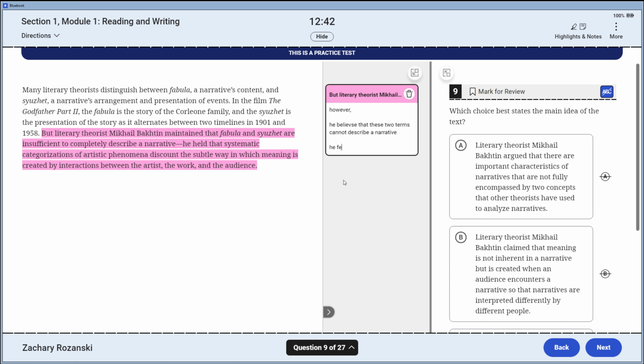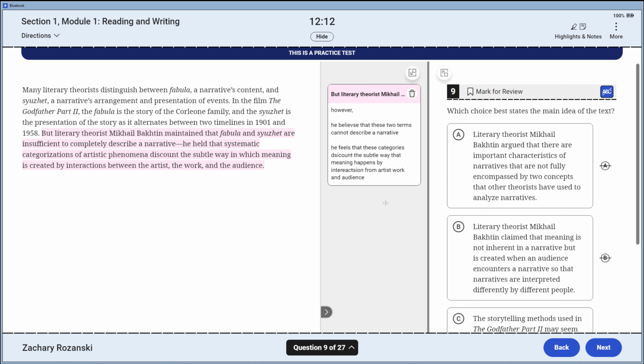He feels that systematic categorizations of artistic phenomena, these categories, discount the subtle way that meaning happens by interactions from artist, work, and audience, right? No commas needed for that. I understand what I've written.